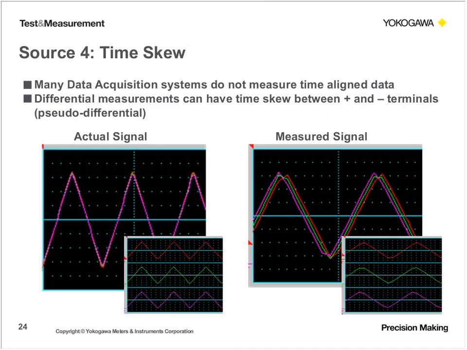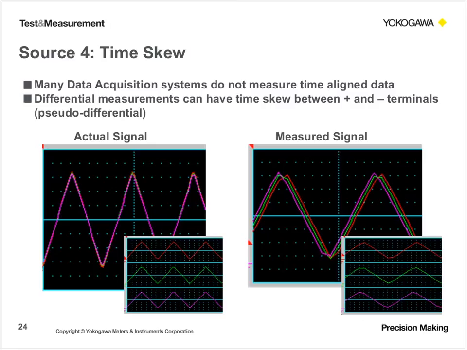One of the common methods people employ is a pseudo-differential measurement. What that means is you're taking two passive probes that are not grounded at the right level, and you're measuring across two floating points using these passive probes. And what can end up happening is you can have a time skew.